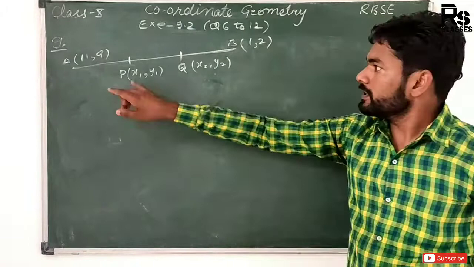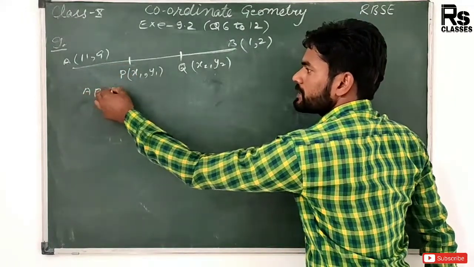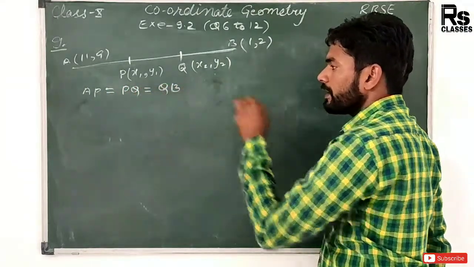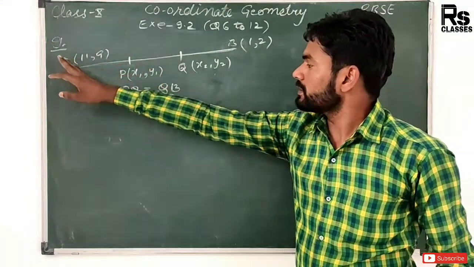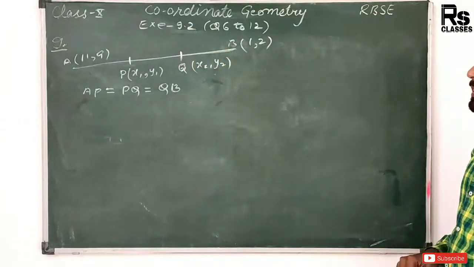As given in the question, AP is equal to PQ is equal to QB, because P and Q, both the points, are trisecting line segment AB.